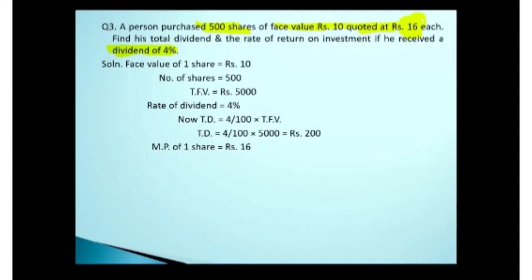So the next thing is to get the total investment. You know the formula of total investment is market price of one share into number of shares. So that formula has to be used now. Use this formula, all of you, and try to get the answer for your total investment. Yes, many are getting the answer as 8,000.